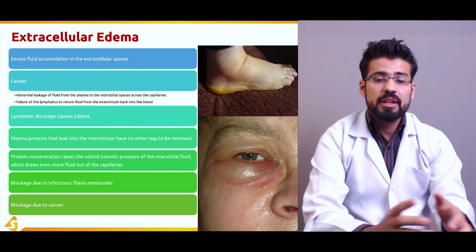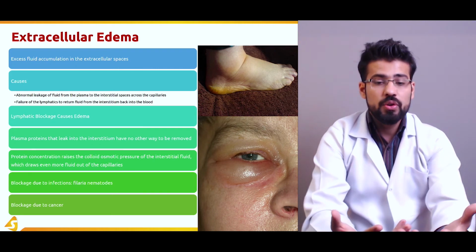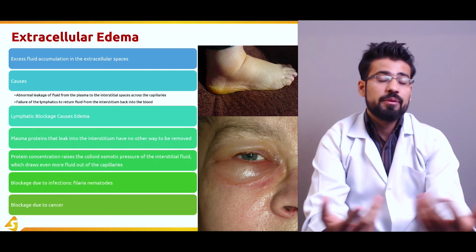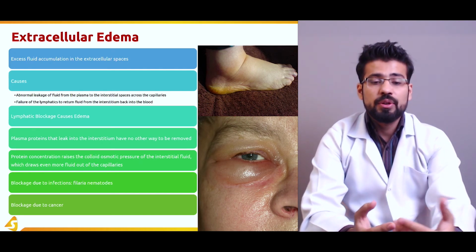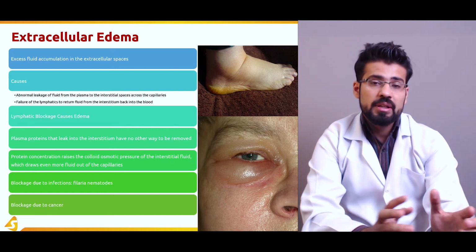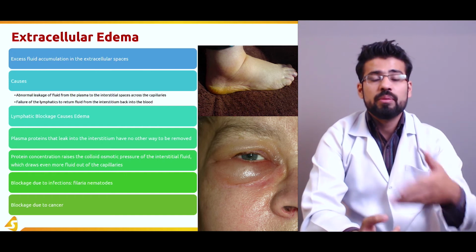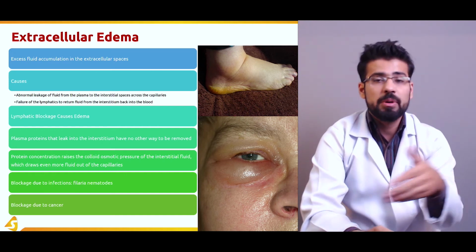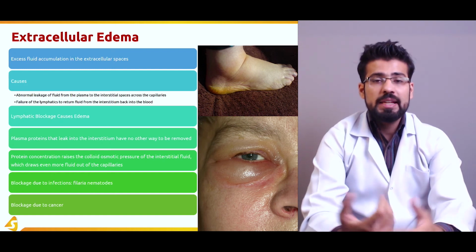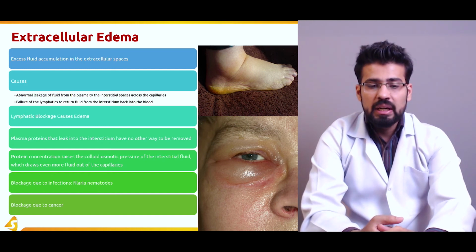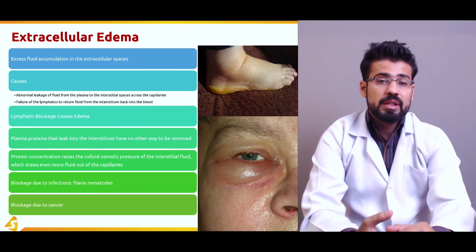So the plasma proteins in such circumstances would leak out, and of course they would have no way to come back inside. Now, because proteins are a type of solute, this would cause much more movement of water into that portion where the protein has leaked, so it would cause the edema to occur.